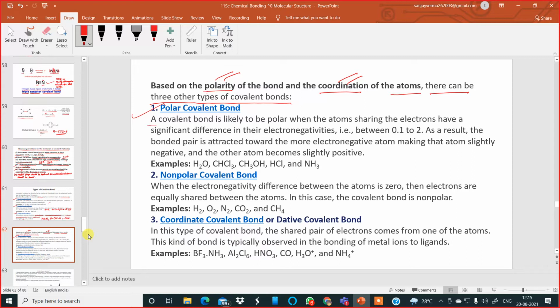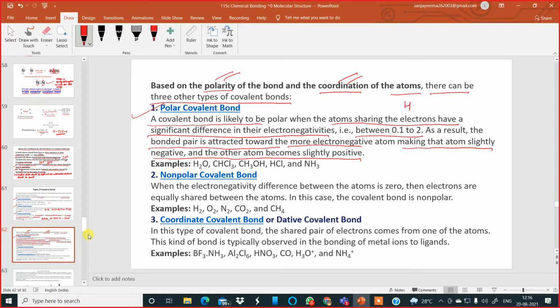A covalent bond is likely to be polar when the atoms sharing the electrons have a significant difference in their electronegativities, that is between 0.1 to 2. As a result, the bonded pair is attracted towards whom? Towards the atom which is more electronegative, making that atom slightly negative and the other atom slightly positive. Because of that, in the covalent molecule, we see small charges.